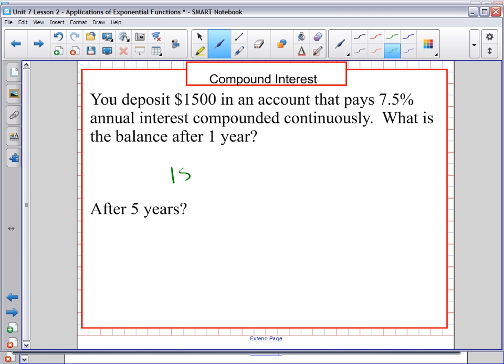So we would say what our principal value is. In this problem it's 1,500. E is just a number, but we write it down as E the letter anyways. And then we are going to write down the rate as a decimal times the number of years. Now we would punch this into the calculator, and that would give us a value.